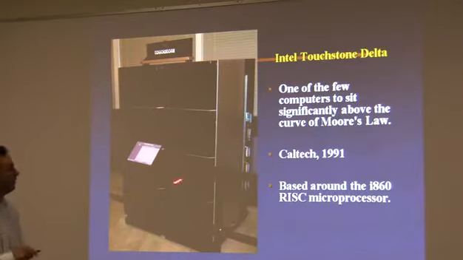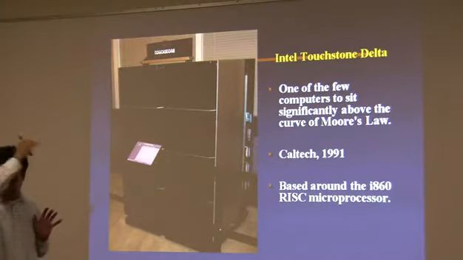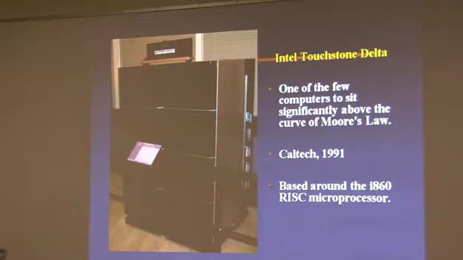It also has 512 processors, so it was in the hundreds of processors, and that was based on the i860 Intel processor by Chuck Seitz. Did a lot of work on this, and it really made a quantum leap in what's so-called Moore's law. It really pushed computing very far.